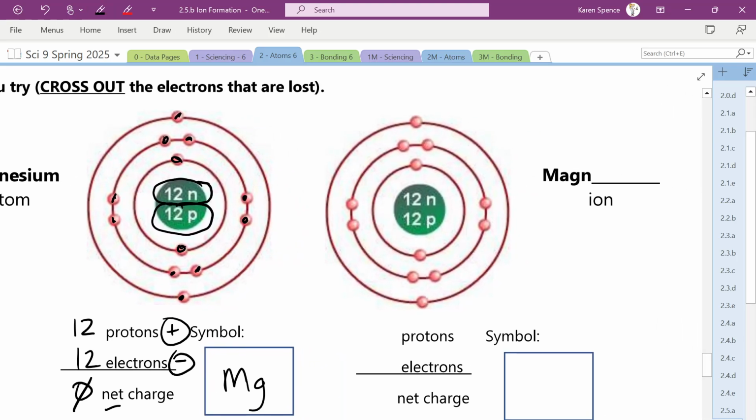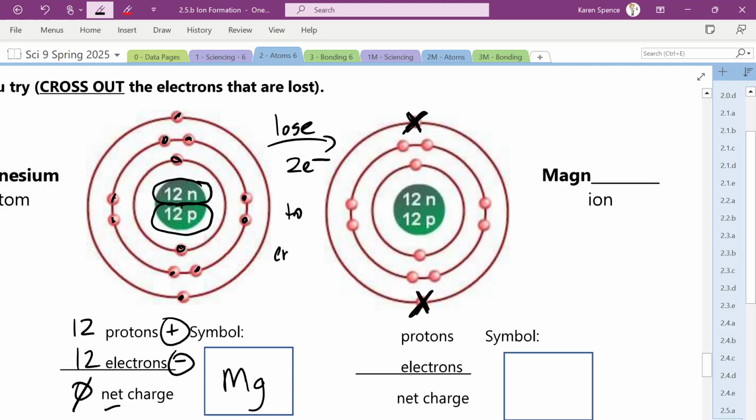Now, because we cannot erase things that are printed on our book, we would have to cross out the electrons that are on the outer shell, and we are going to lose 2 electrons to empty the outer or valence shell.